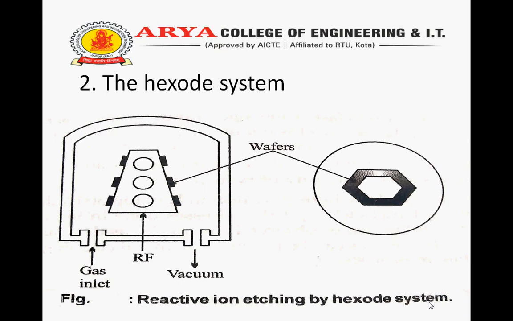For anisotropic etching of silicon, chlorine-based plasma is frequently used. Chlorine-based plasma is also used to etch GaAs and aluminum-based metallization, or chlorinated plasma can also be used under RIE conditions.